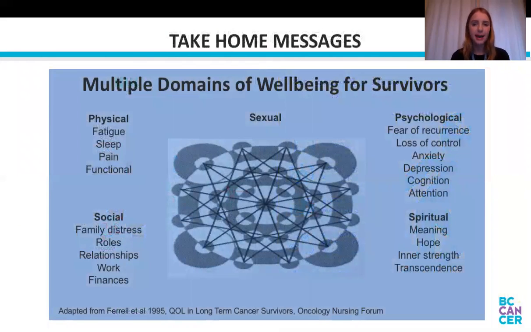And here are some take-home messages. Cancer and treatment can affect multiple areas of your life, including physical, social, sexual, psychological, and spiritual. It's important to look at each domain to ensure you are optimizing your well-being.